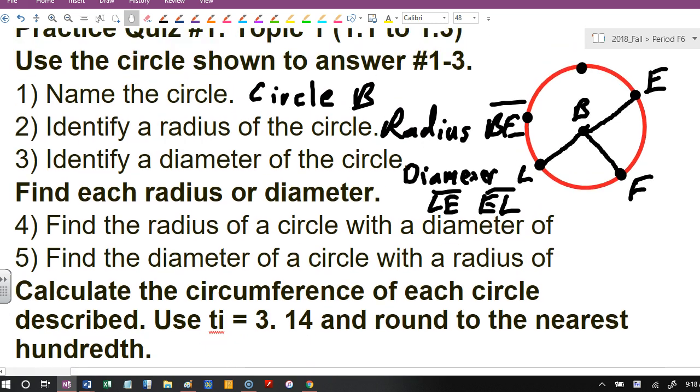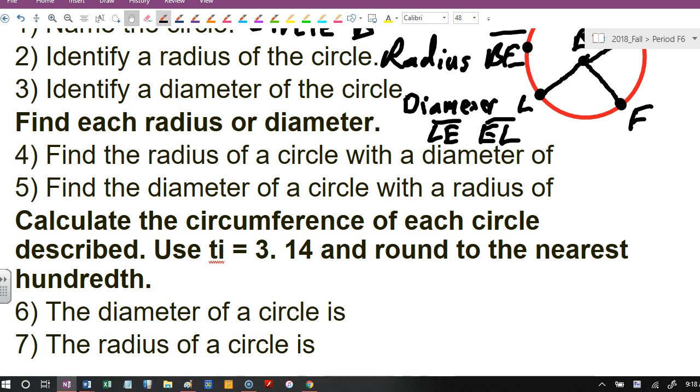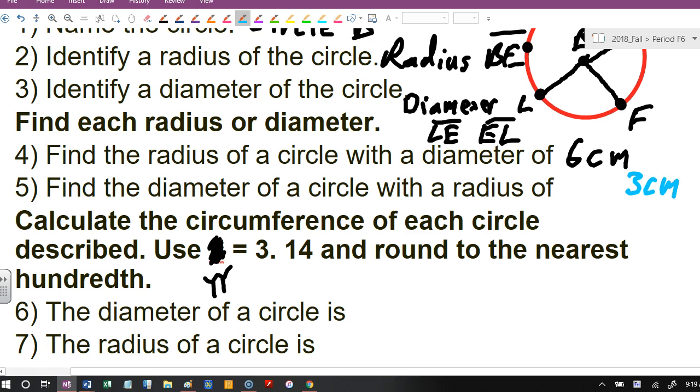A diameter of, let's say, 6 centimeters. If the diameter is 6 centimeters, who can tell me what the radius is? 3 centimeters. It's half, right? Diameter, radius.